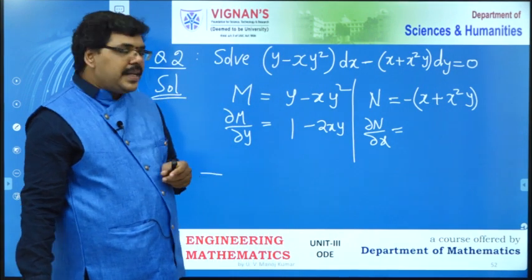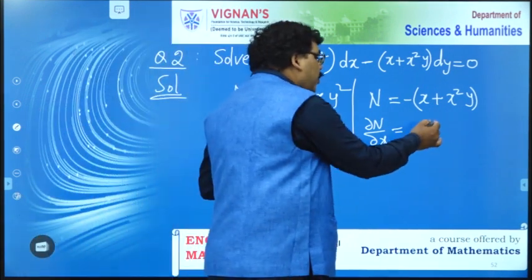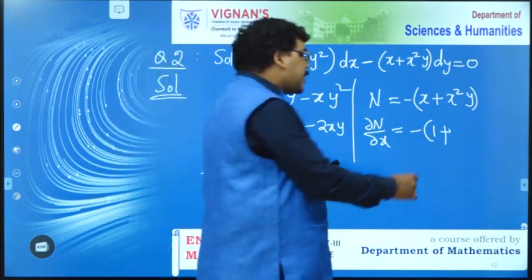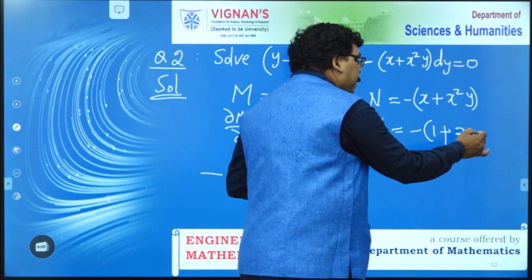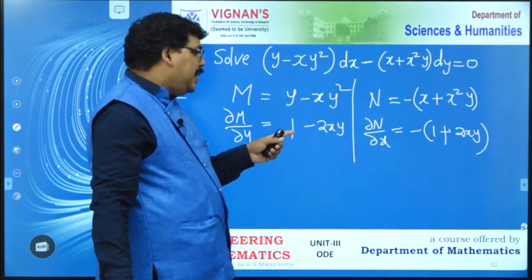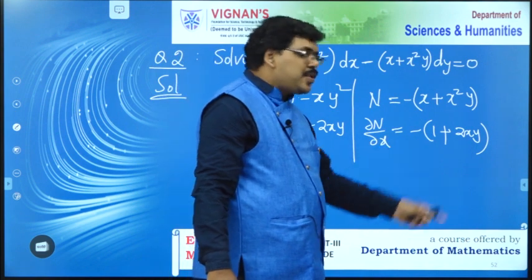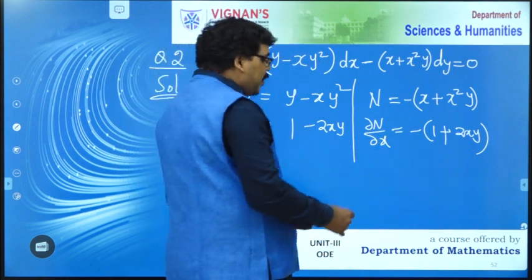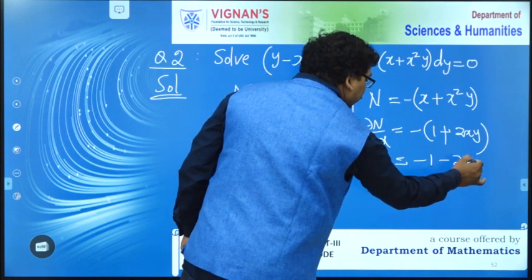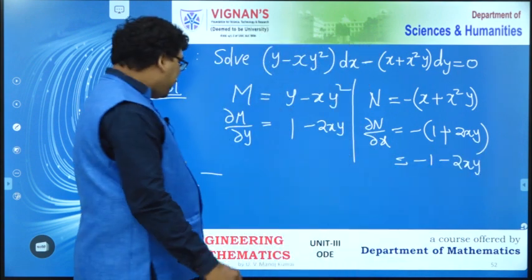I am differentiating with respect to x. So minus of 1 plus x square derivative is 2x into y. This is 1 minus 2xy. This is minus of 1 plus 2xy. Let us further multiply inside. Minus 1 minus 2xy. Are they same now?